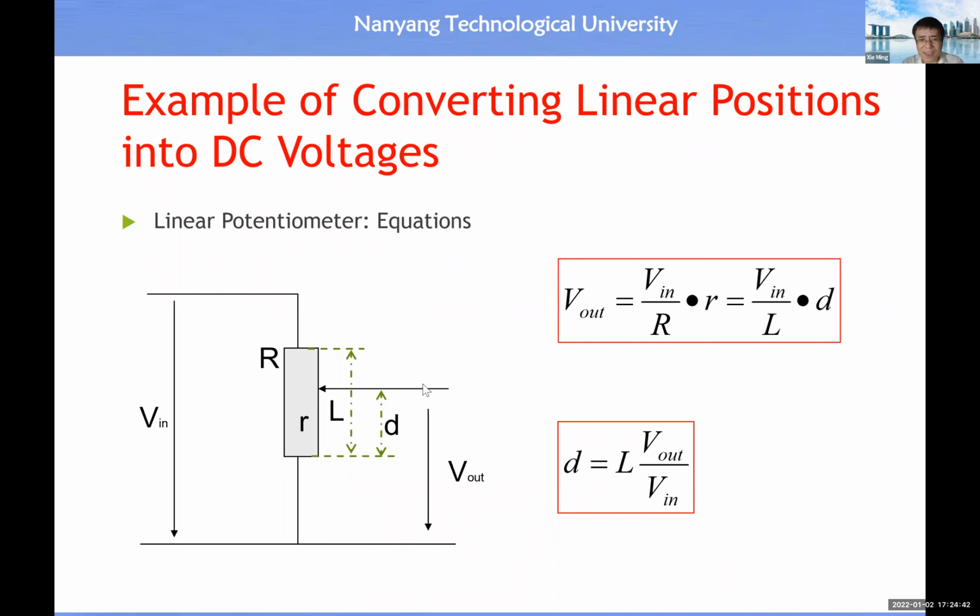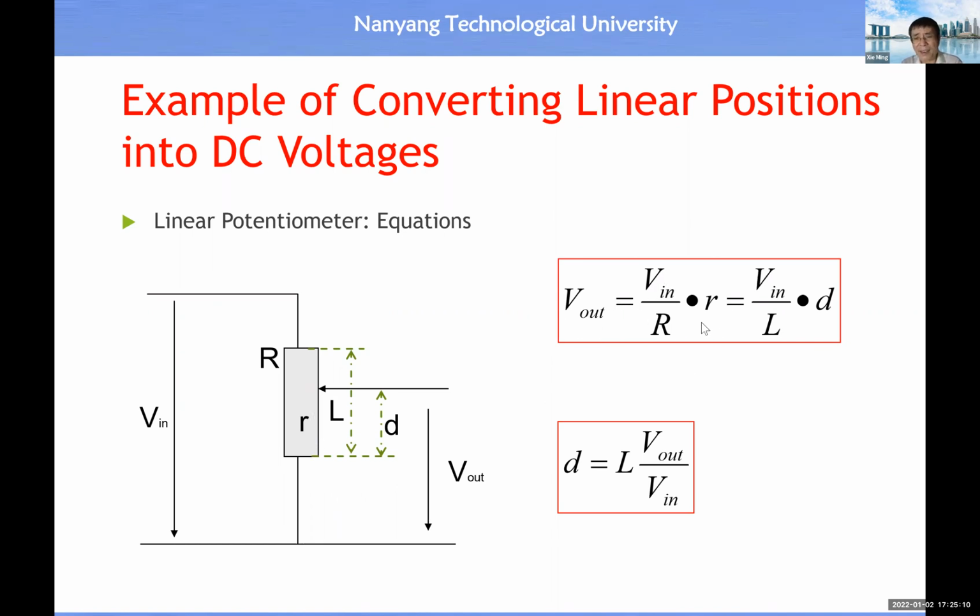This is coupled to the linear motion of a target object. This motion will produce a variable resistance at the output. This variable resistance will produce a corresponding output voltage, because the current is equal to V input divided by the total resistance. Then this current times this variable resistance is equal to the output voltage.